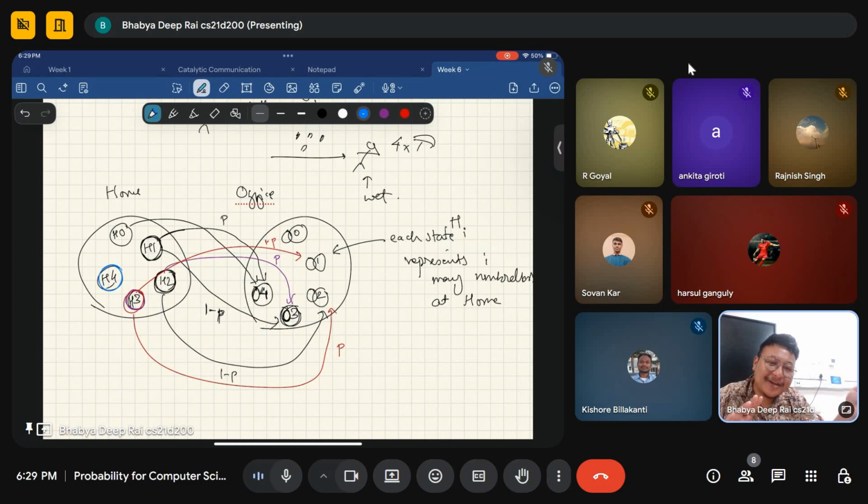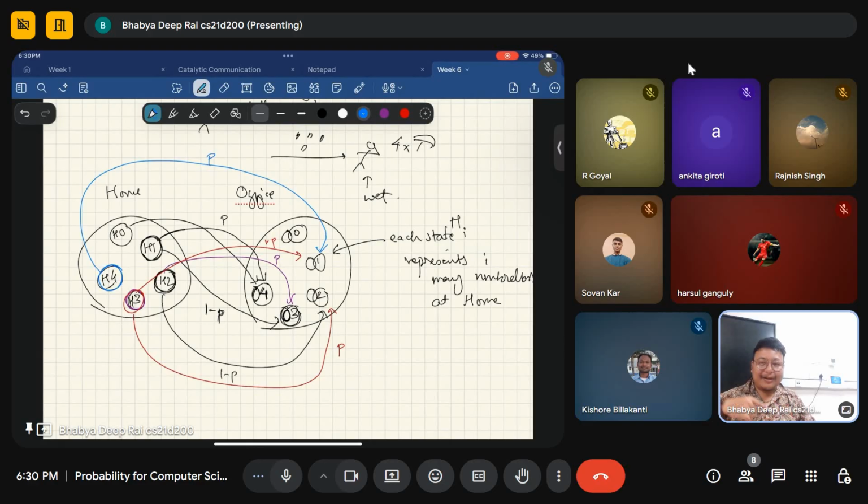Then I need to take an umbrella. But how many umbrellas are at the office? All the umbrellas are at home, so at the office there are 0 umbrellas. When I take an umbrella to the office, there is one umbrella in the office now. So H4 to O1 with probability P, because with probability P it rains, and therefore with probability P I take an umbrella.